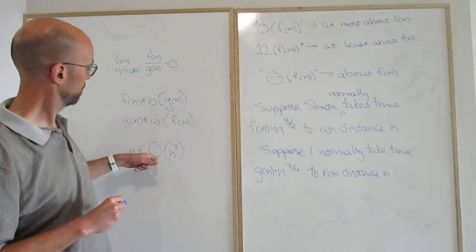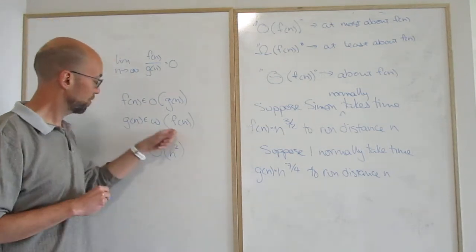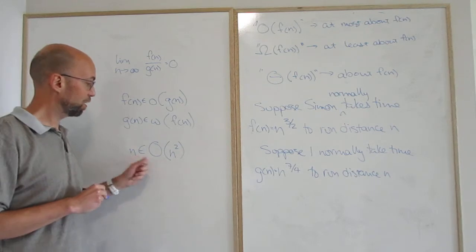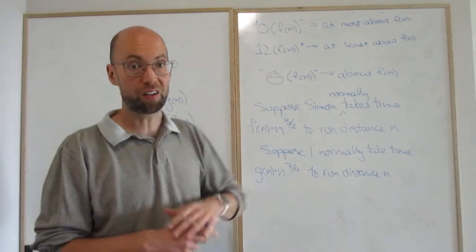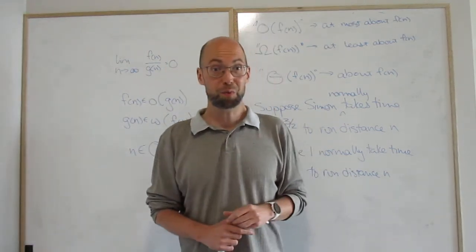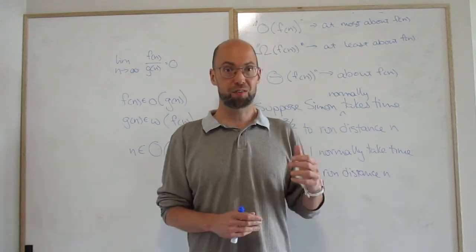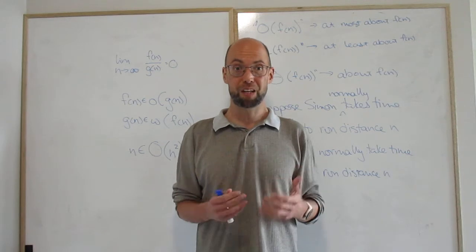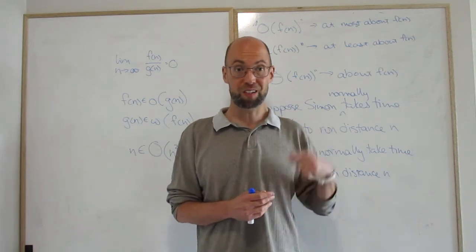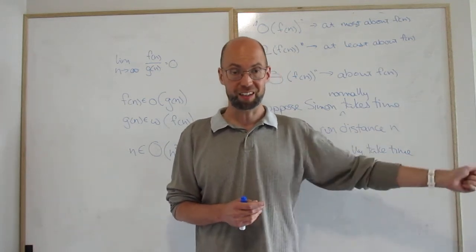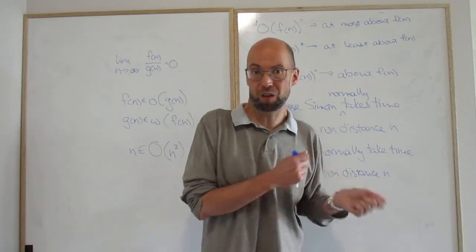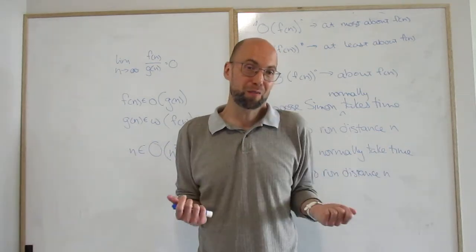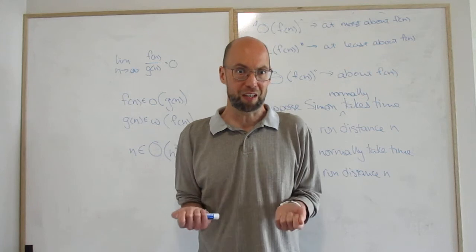If you say in English on the order of, you'd be wanting to say like, oh, Travis runs on the order of the same speed as Simon. Well, it's true that Travis's speed is less than Simon's asymptotically, but it's not roughly the same. So on the order of usually feels like about the same.